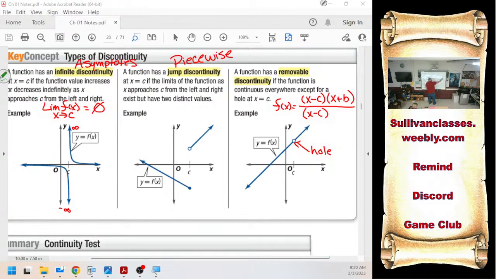And then I would literally remove the factor. I remove the factor, so it's removable discontinuity. A removed or canceled factor, and it makes a hole.